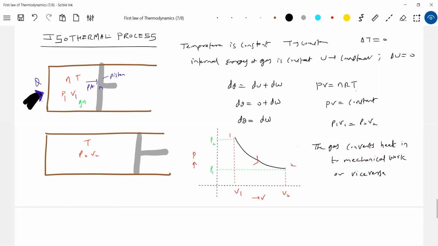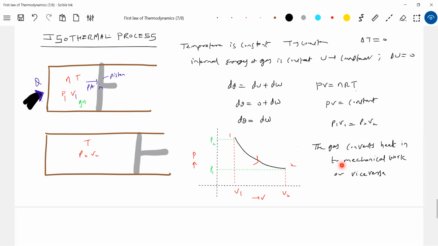Since I'm from an engineering background, I'm more interested in the applications rather than mere theoretical ideas. Now, what is the isothermal process? Temperature constant, delta U zero, dQ equal to dW. What is there in the book that you are telling? No, what is the actual meaning of that? What is the use of the isothermal process?